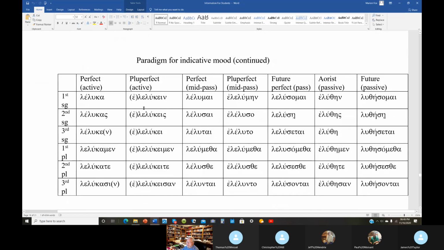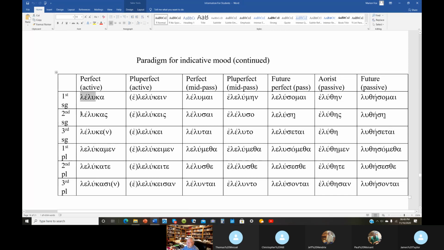There's your perfect active, and so we have a lelyka, and so what we have here is your stem changed, and so we have kas, ka, kamen, kate, kasi.